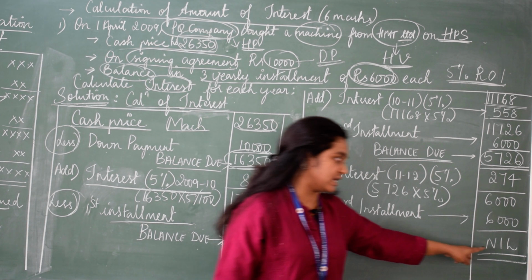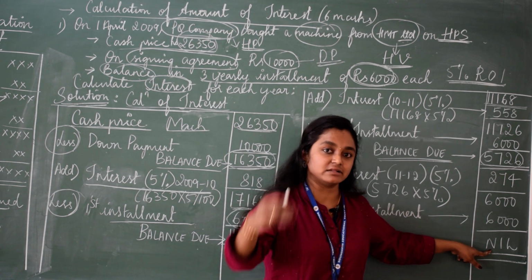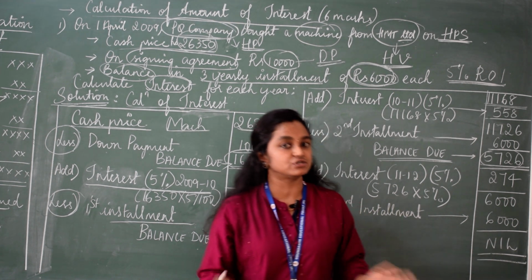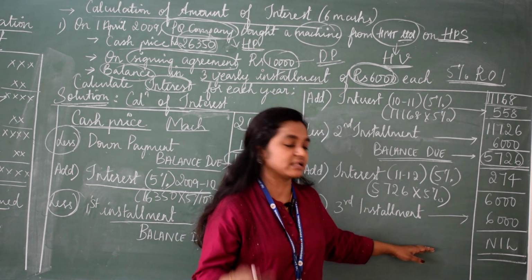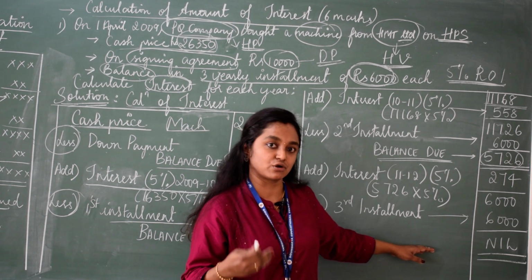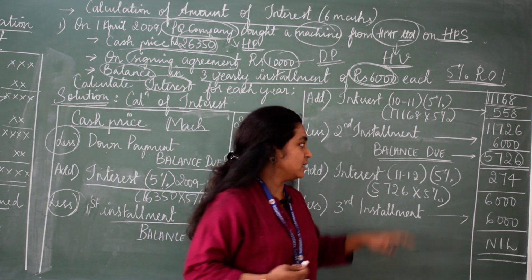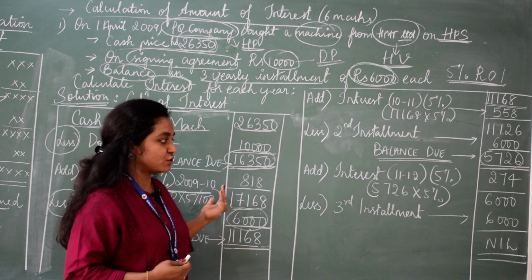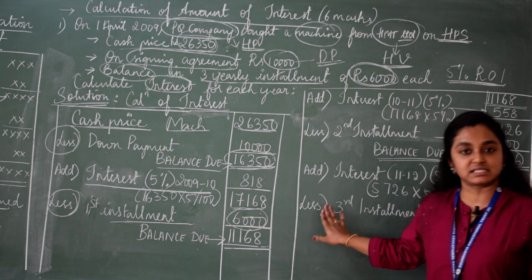Then it becomes nil. With this you can conclude that all my installments are done, the agreement is coming to an end, and we can close this agreement, and the possession and title of the goods that I have purchased on hire basis will become mine at the end. So this is how the calculation of interest happens with the hire purchase system.